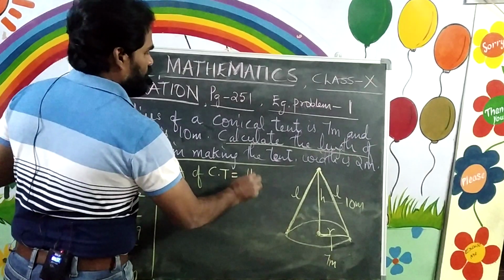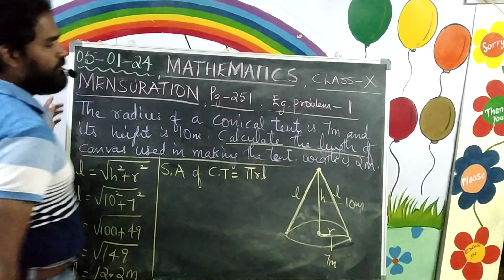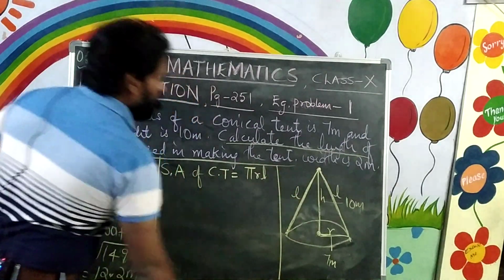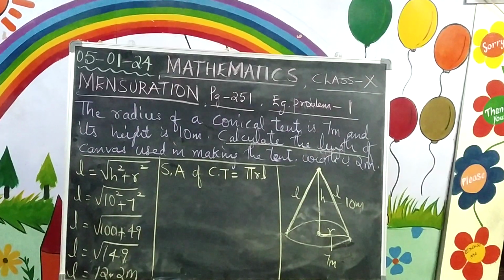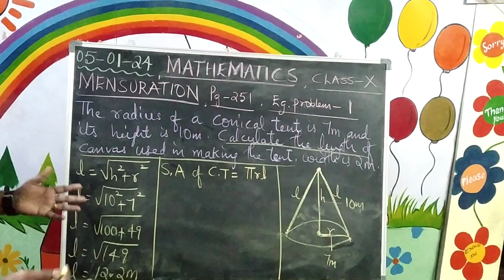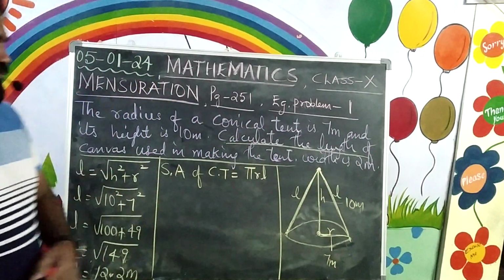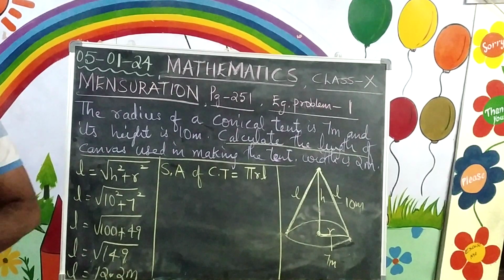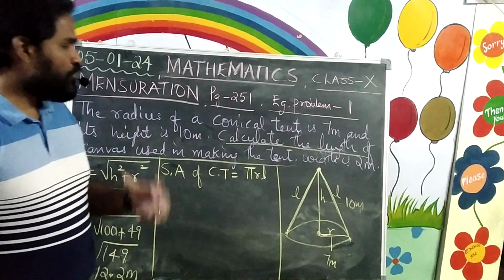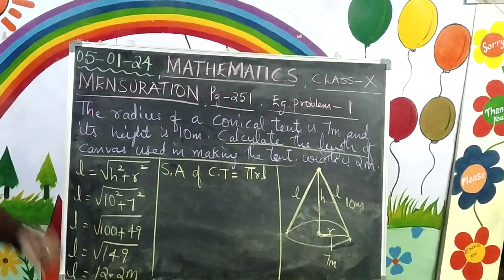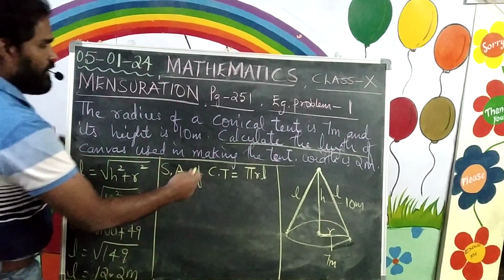The formula to find out such a thing is pi RL. Don't forget the formula pi RL. In one of the shorts, one of our students has wonderfully written the formulas of mensuration, statistics and so on. I want you to go through those things and become perfect. So here, pi RL.